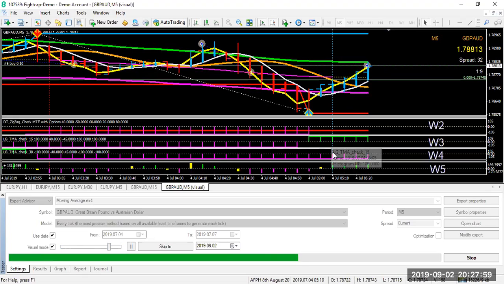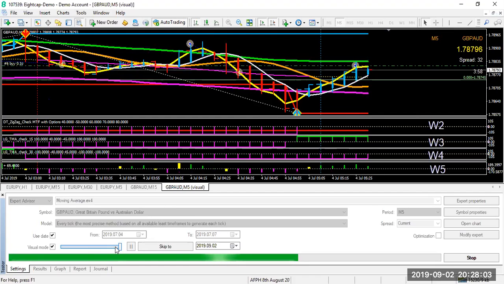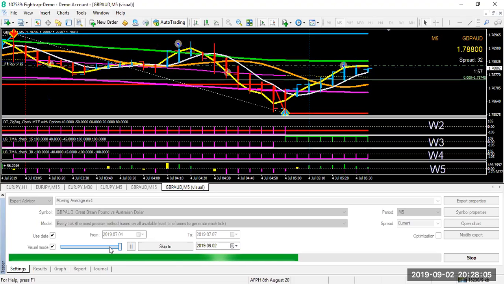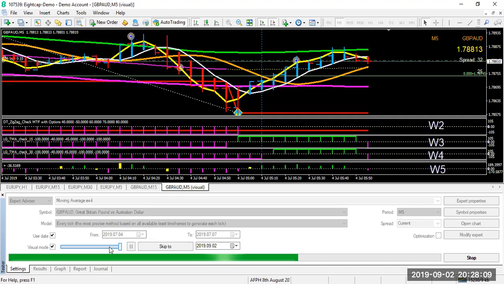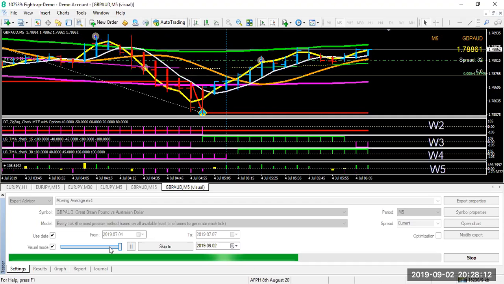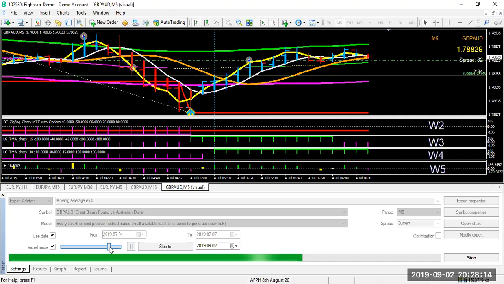This is not confirmed, because window 4 is pink. I've slowed it right down. You can see now it's confirmed.